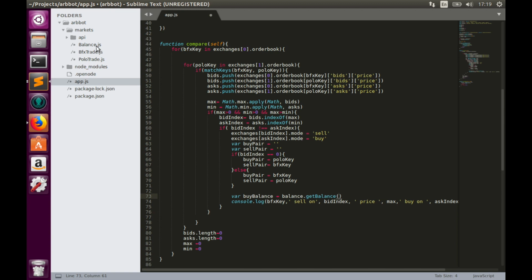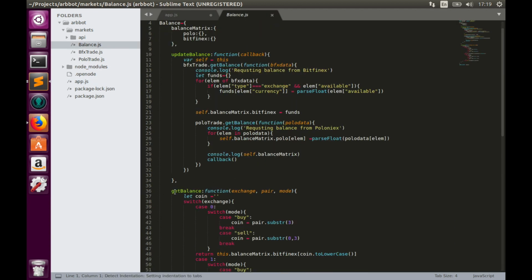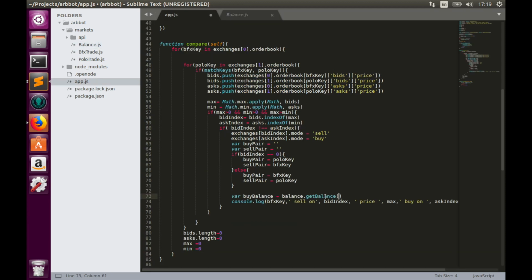As you probably remember, we created this function in one of the previous videos, and this function as parameters requires exchange index, pair name, and mode. So let's provide all this information.